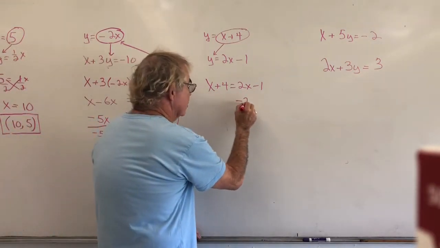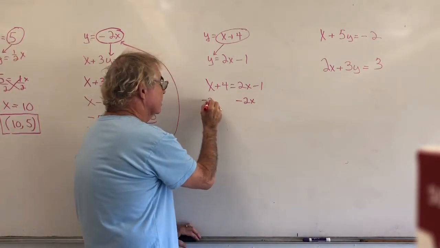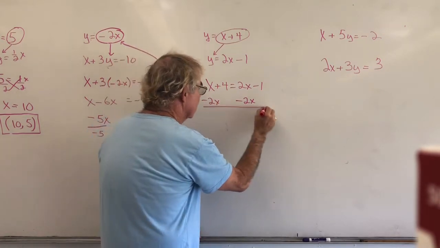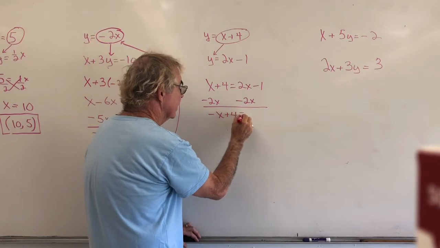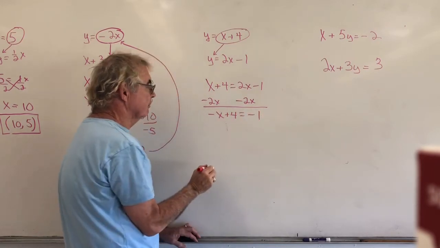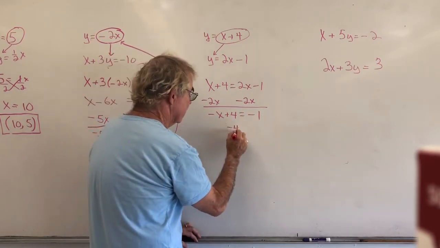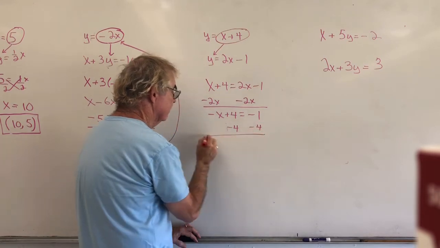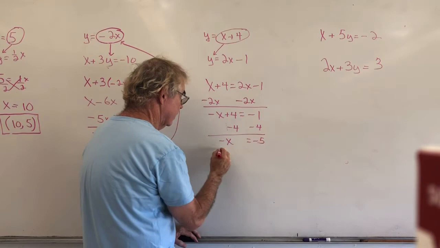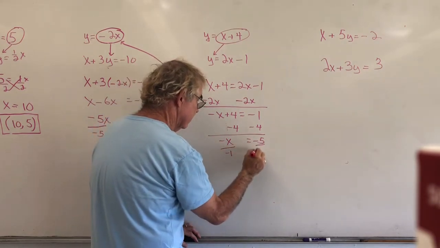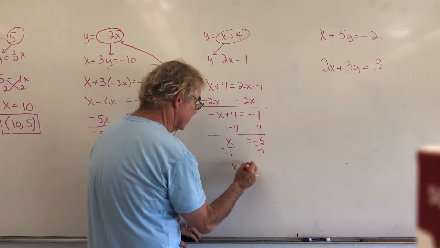If you subtract 2x from both sides, you would get negative x plus 4 is negative 1. Subtract 4 from both sides and get negative x is negative 5, and divide by negative 1 and get x to be positive 5.